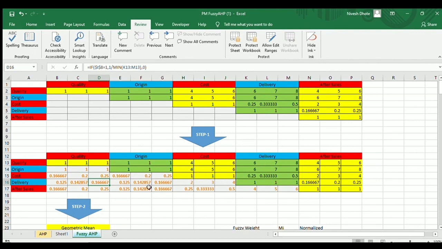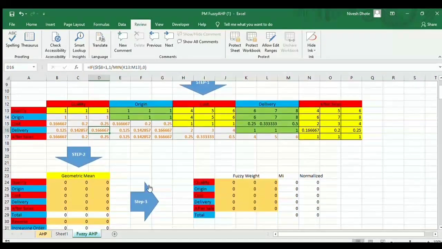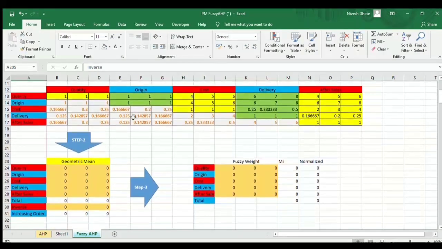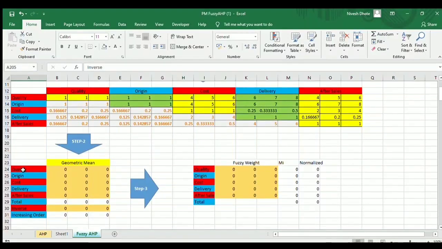After doing this, our next step is different from the AHP. Here we will take the geometric mean. So the geometric mean of quality is the geometric mean of the values of all factors with respect to the quality.